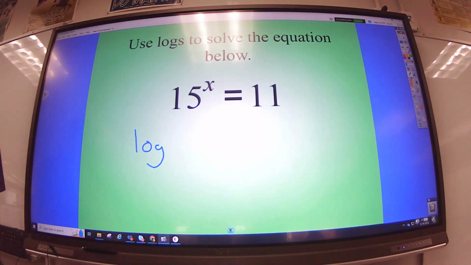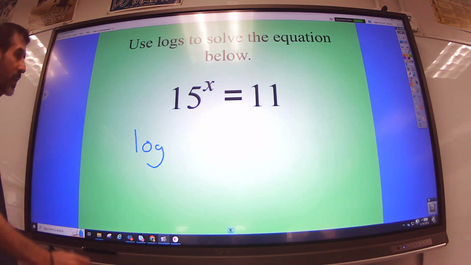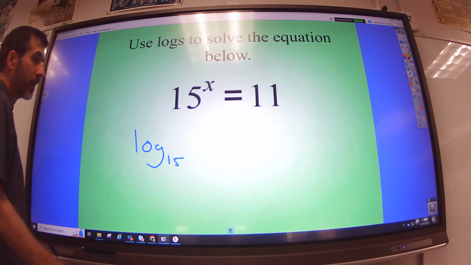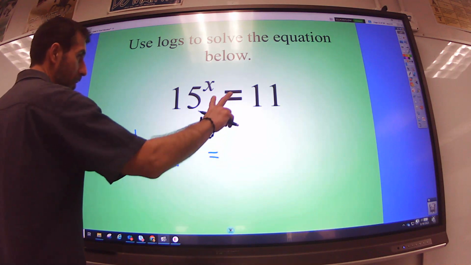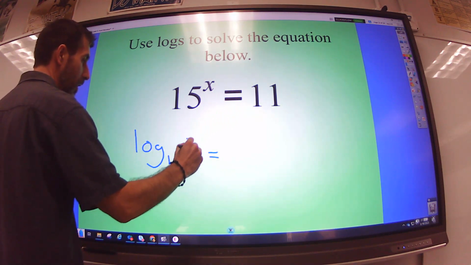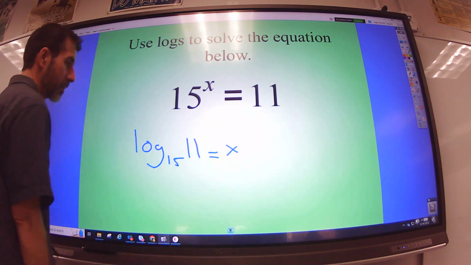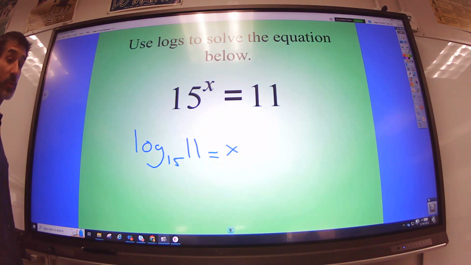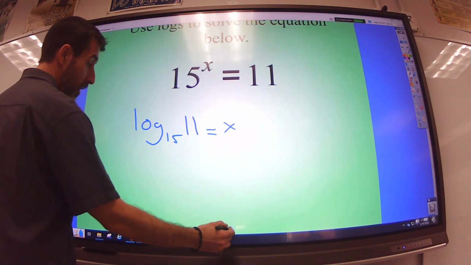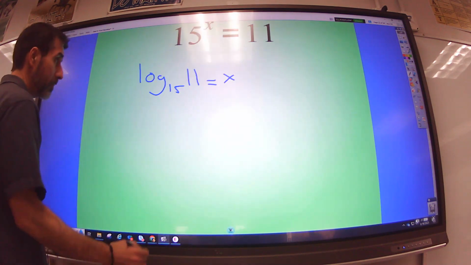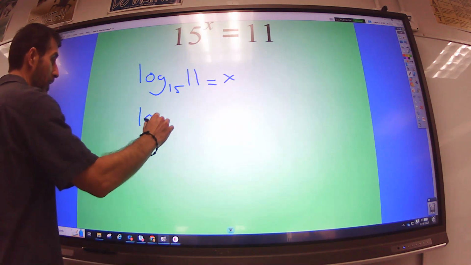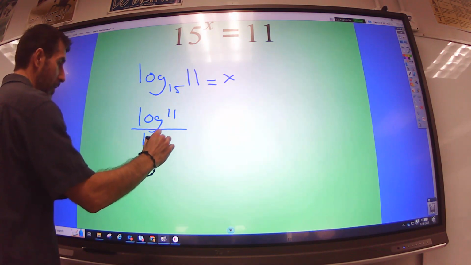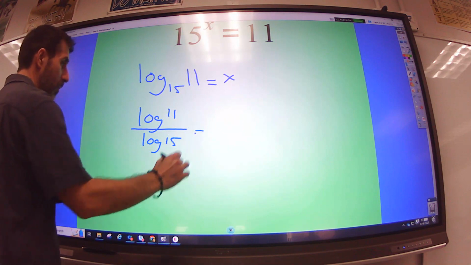What should I use? Natural log or log base 10? 10. I heard 10. Log 11 divided by log 15 equals 0.885.